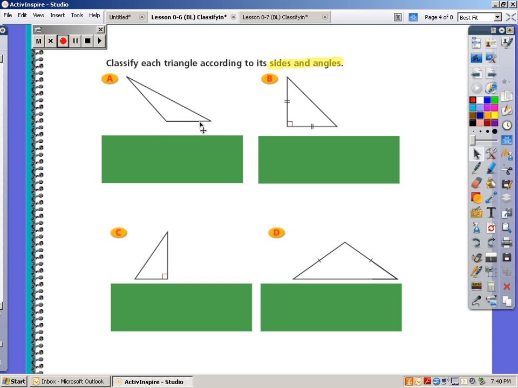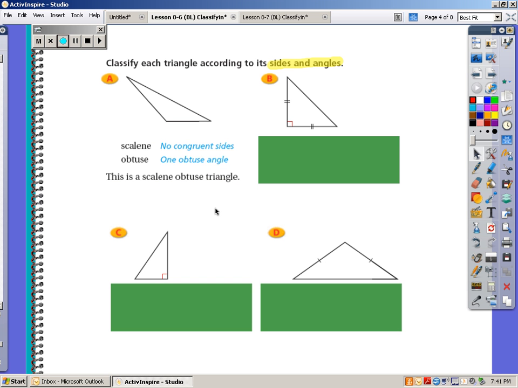And if I smash these sides together, I can see that they're all different. So this would be an obtuse isosceles triangle. I'm sorry, an obtuse scalene triangle. I said those were not the same, but I said the wrong word. So again, it's an obtuse scalene.